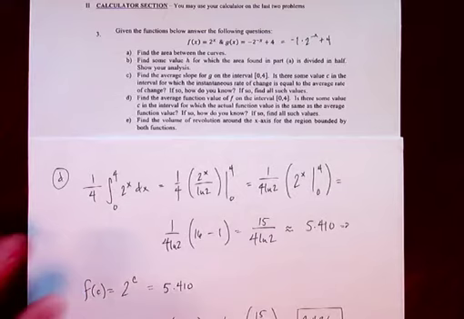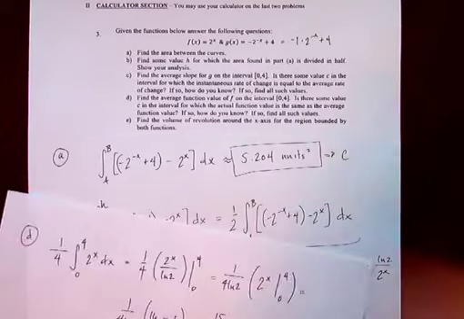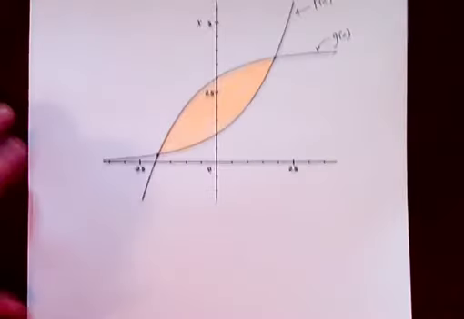E is find the volume of revolution around the x-axis for the region bounded by both functions. Now, we already have our limits of integration because we used them when we did the area.